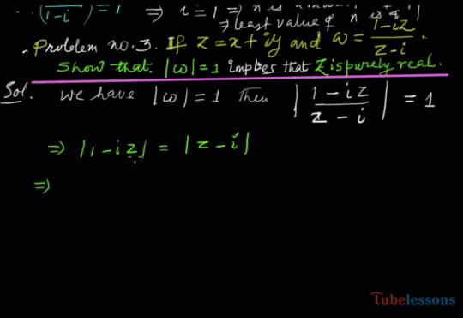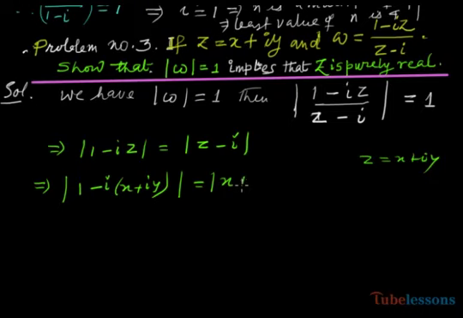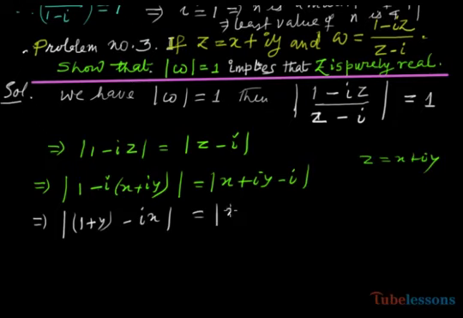Now as z is equal to x plus iy, so we are replacing and get 1 minus i into (x plus iy), which is 1 plus y, this is the real part, and minus ix. Here also x plus (y minus 1) into i.